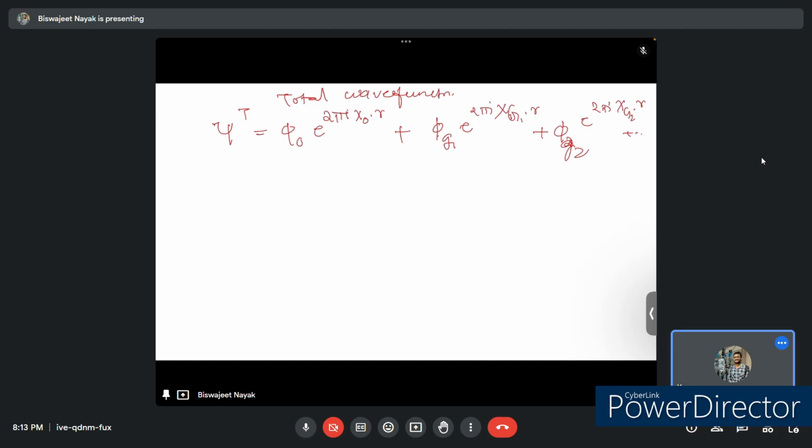These wave vectors chi_0 and chi_g are wave vectors in reciprocal space, dependent on the reciprocal lattice points g1, g2.